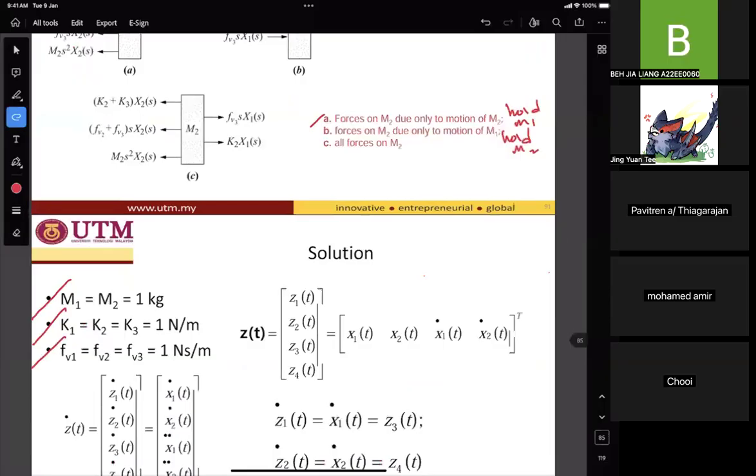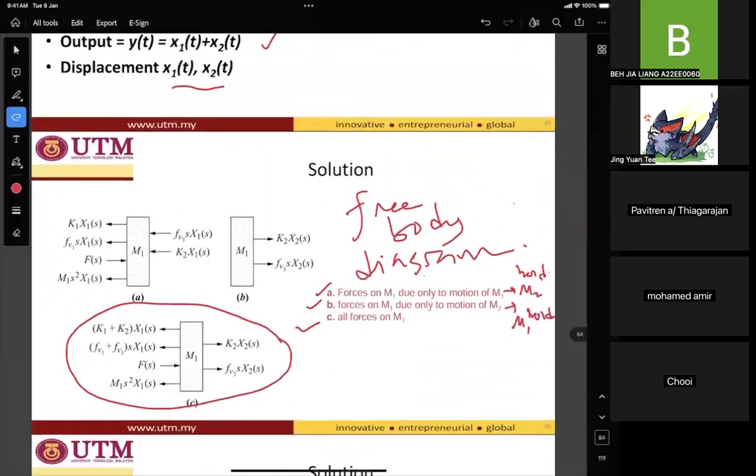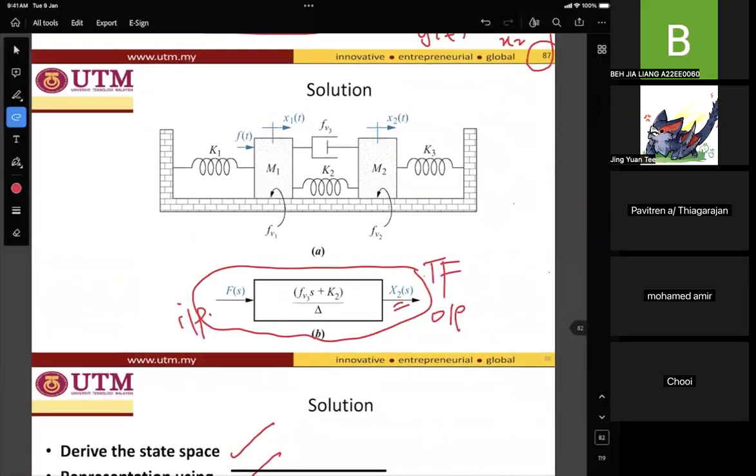For mass, the unit is 1 kilogram. For the spring constant, the unit is Newton per meter. So in this case it is 1. For the damper, we have 3 dampers, including the friction, which is 1 Newton second per meter. We have 3 dampers, guys.